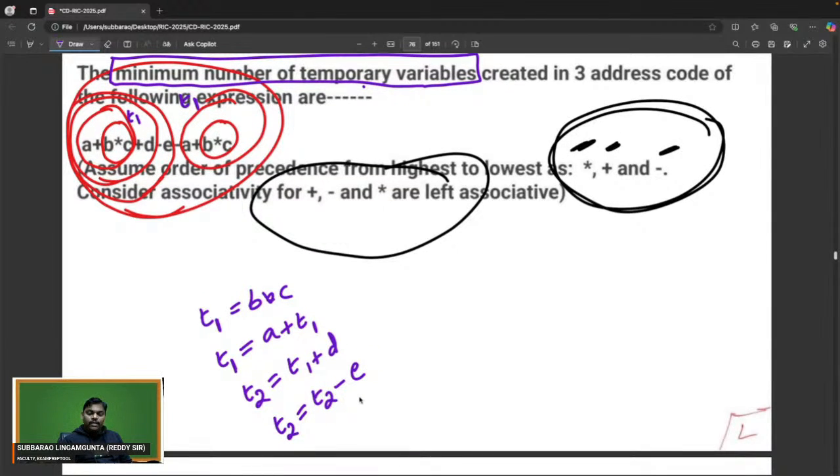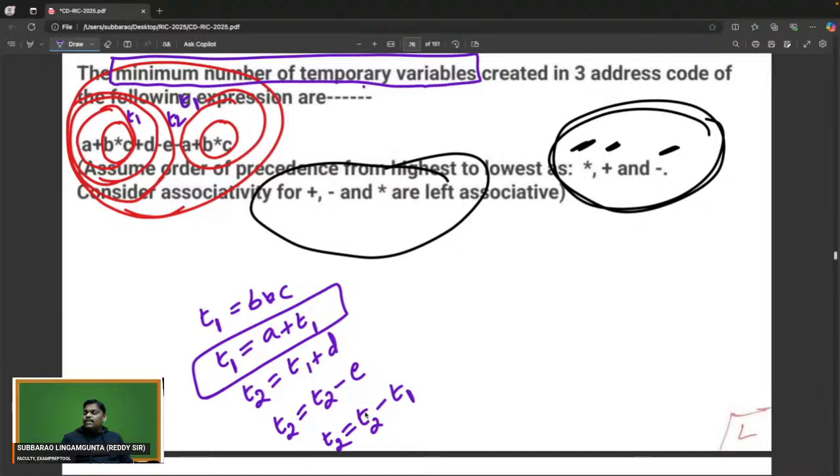Lastly, this is T2 and this is T1. Lastly, you have to do T2 minus T1, which is equal to T2. You can reuse again. Whenever there is no use, you can replace.